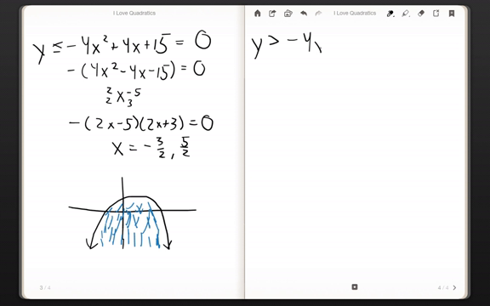Okay, let's just do one more, since I think this is pretty straightforward at this point. So we want to get a general idea of what the roots are, so we factor out a negative from the front.